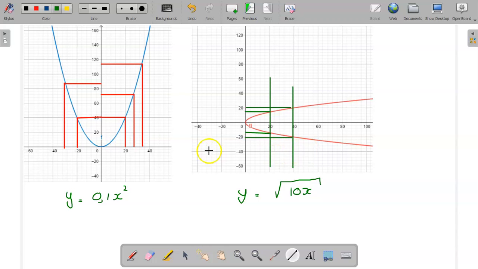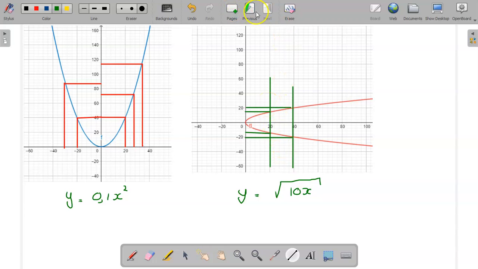So the vertical line test is the way to determine whether something is a function. Remember, if I do the vertical line test and it only cuts the curve once at any given input, then it is a function. But if it cuts it twice, that means it is not a function.